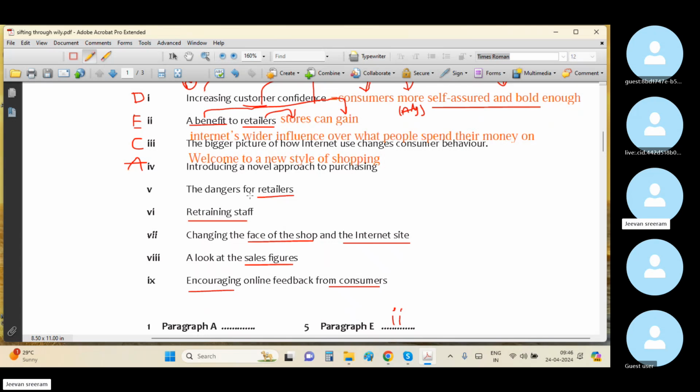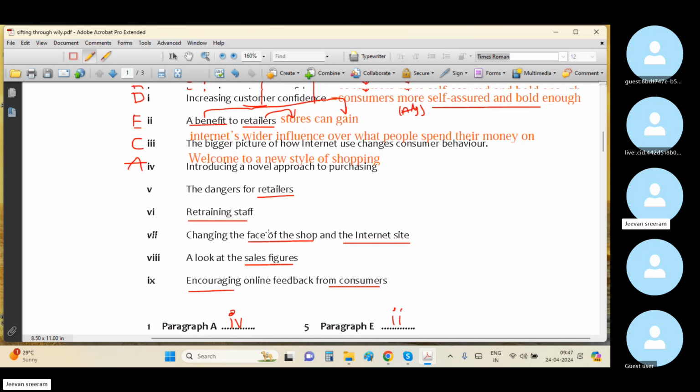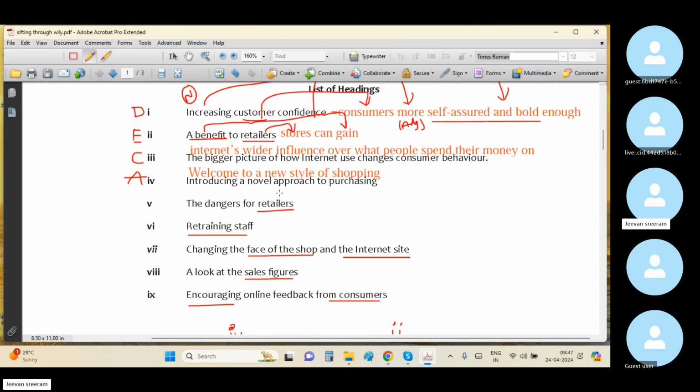Dangers to retailers. So fourth, A4, where is it? Dangers to retailers. Where can I see this? So benefits to retailers is already done. No need to check these paragraphs again, right? A, C, E, D. Don't check these paragraphs again. You have to check the remaining paragraphs, and check in which paragraph you can see dangers for retailers.